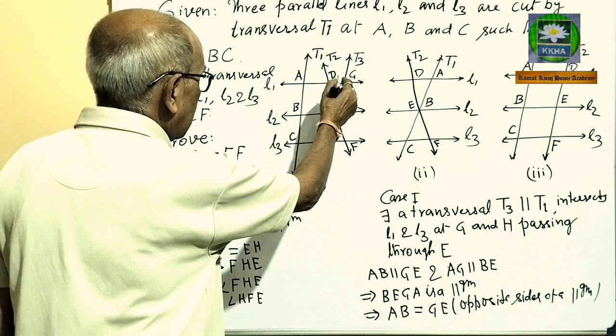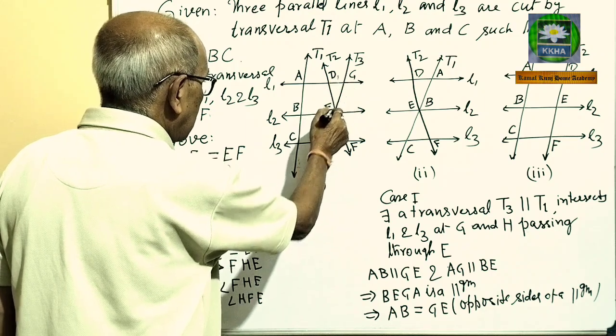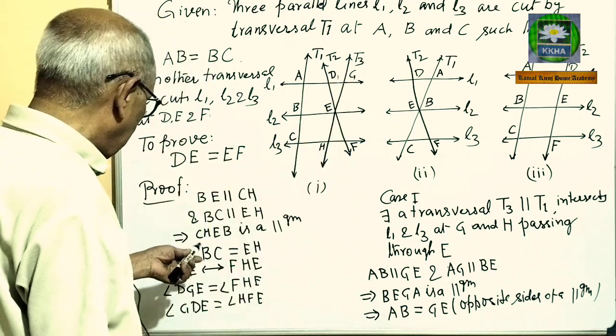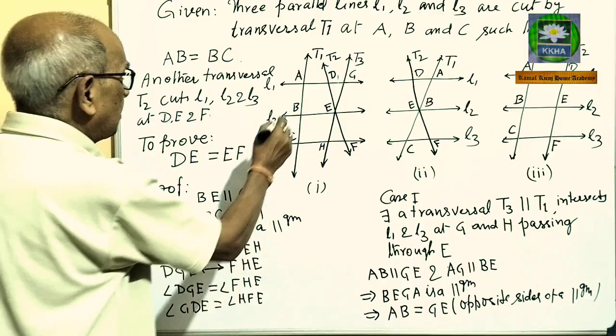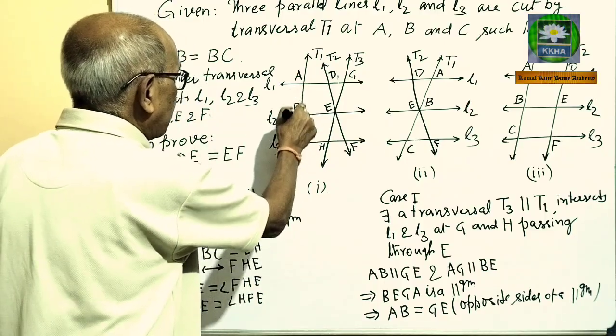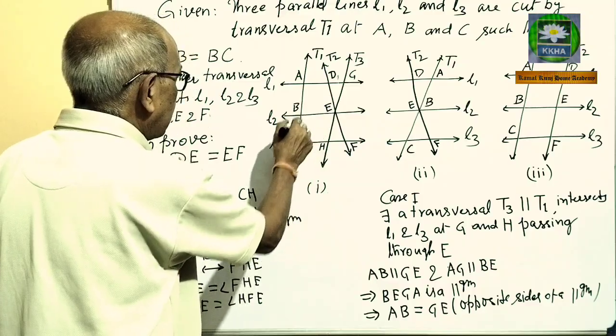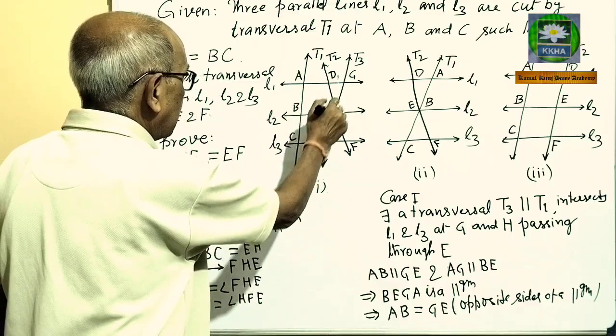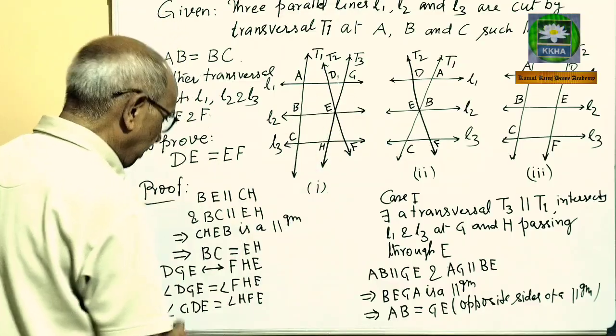And here GE is equal to EH, because AB is equal to BC, AB is equal to GE and BC is equal to EH.